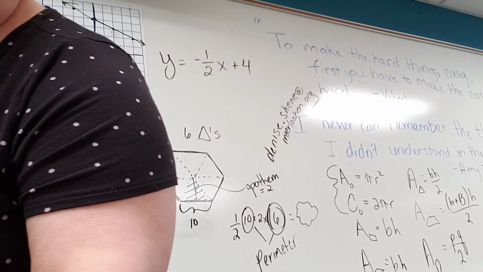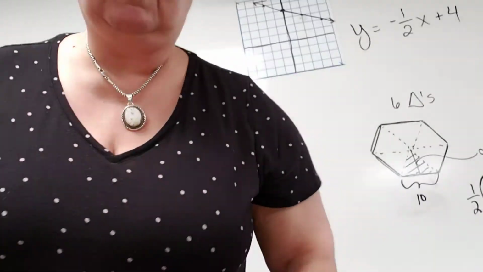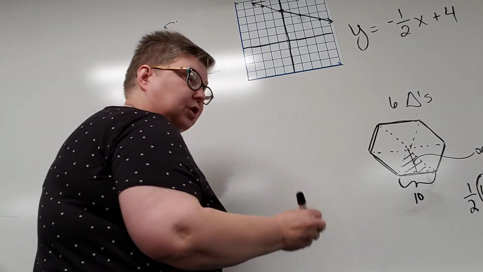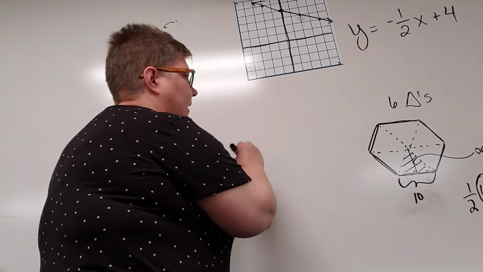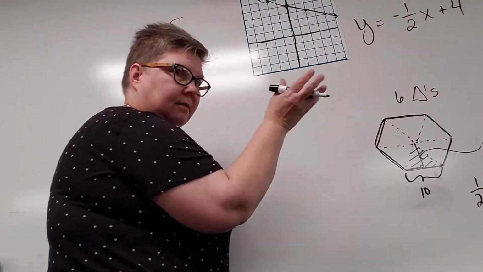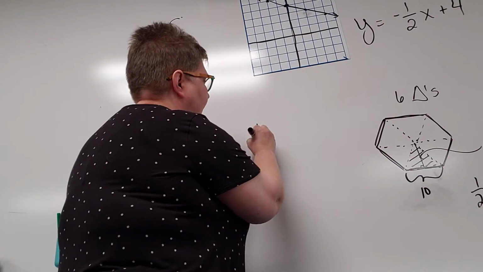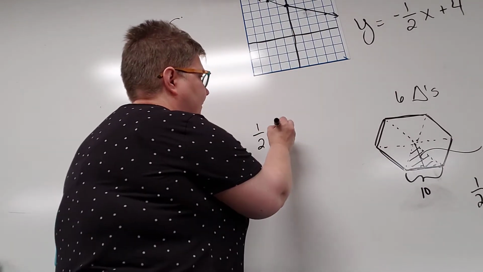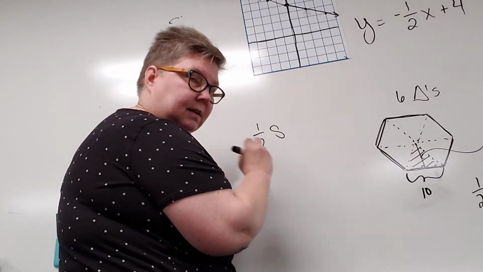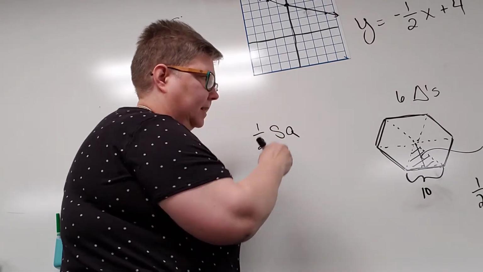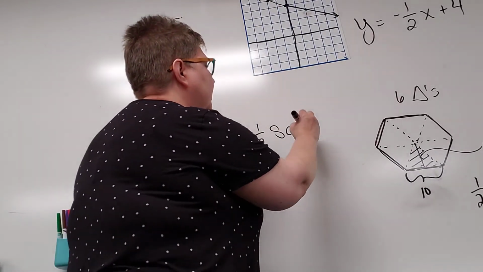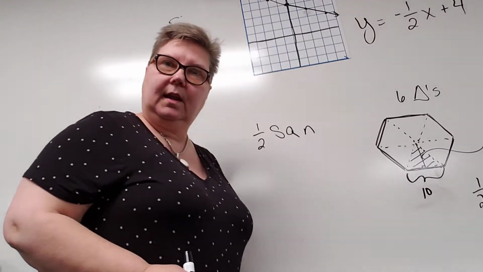I'm sorry for bouncing you around, but what you should learn is that, depending on the figure, you would take 1/2 the side length times the apothem, and that's one triangle. Then you multiply it by the number of triangles.